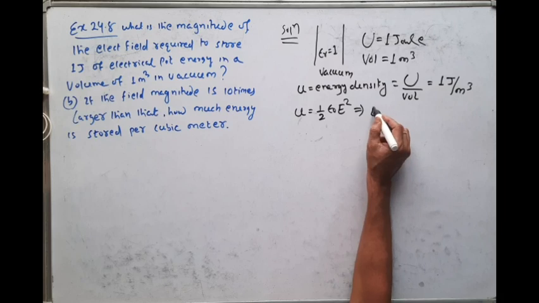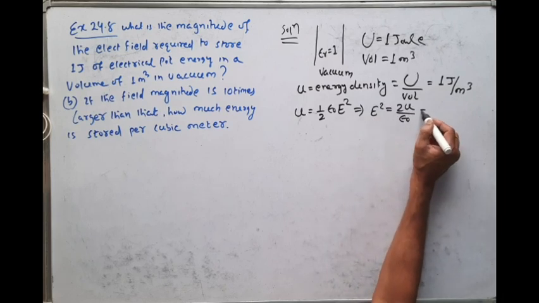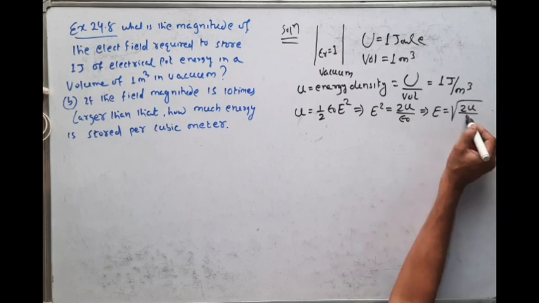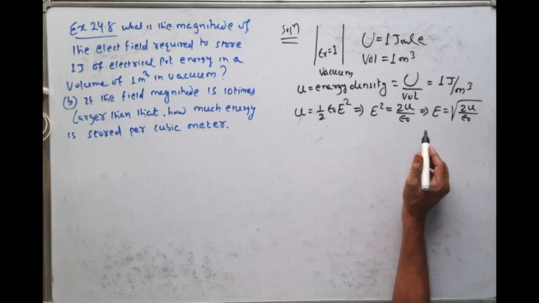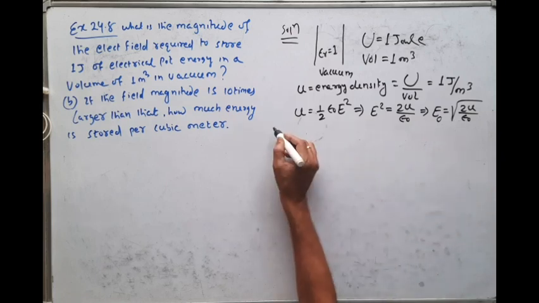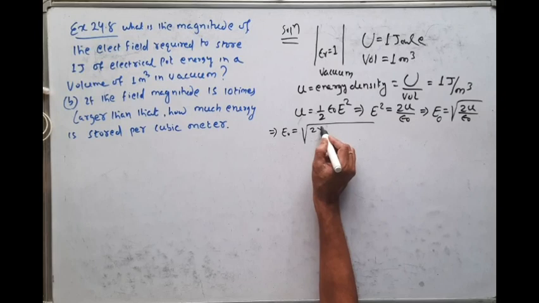That is, E square is equal to 2U by epsilon naught. That implies the electric field intensity is equal to the square root of 2U by epsilon naught. This electric field intensity is in the vacuum, so I am writing here E naught. So E naught is equal to, just put in the data, 2 into U.